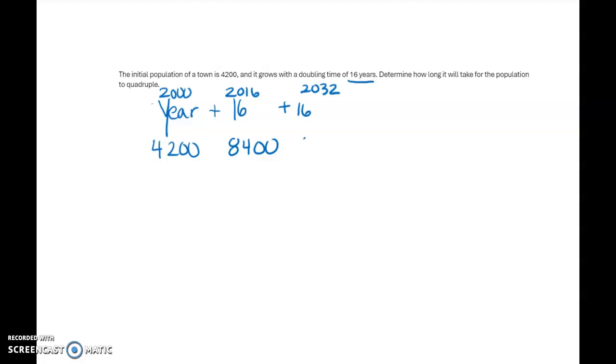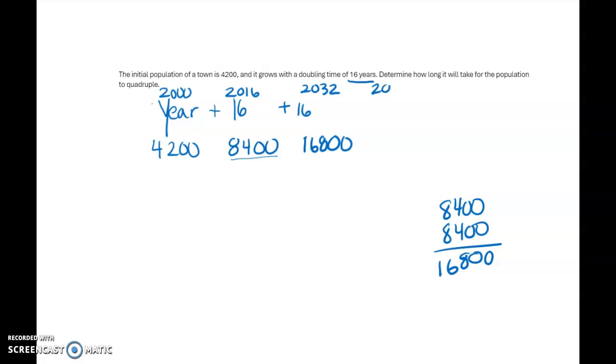Now the population of this town would be double this prior number. So it's going to be 8,400, and double that would give me 16,800.